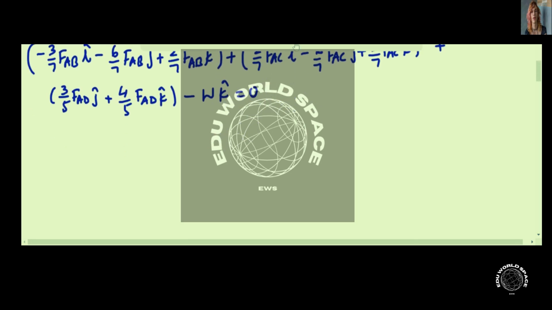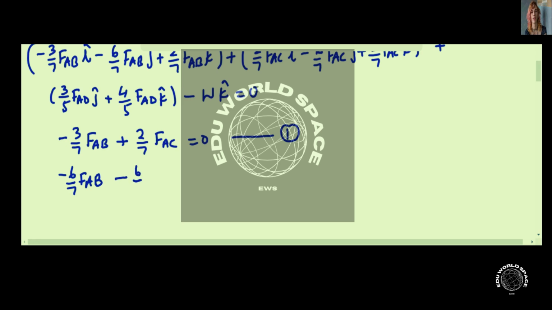Now solve this equation. Then you can write, from the i components, minus 3 by 7 FAB plus 2 by 7 FAC must be 0. First equation. From the j components, minus 6 by 7 FAB minus 6 by 7 FAC plus 3 by 5 FAD must be 0.